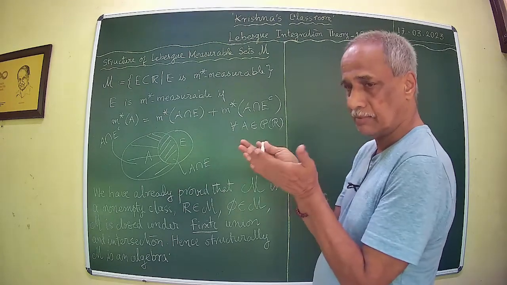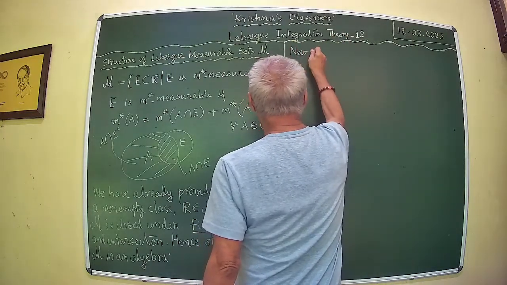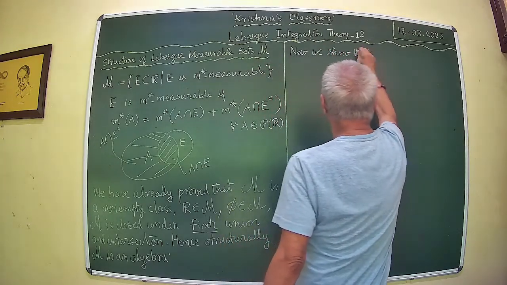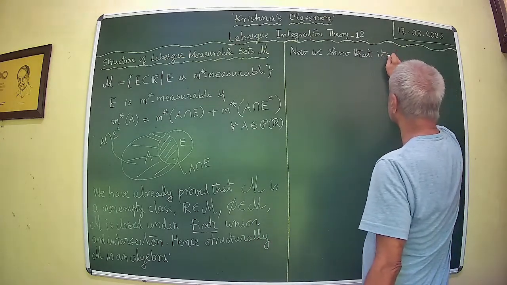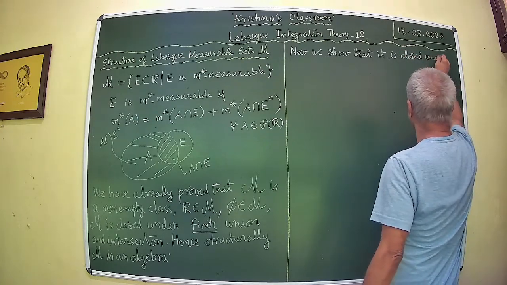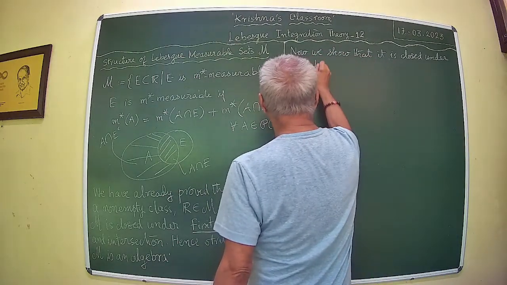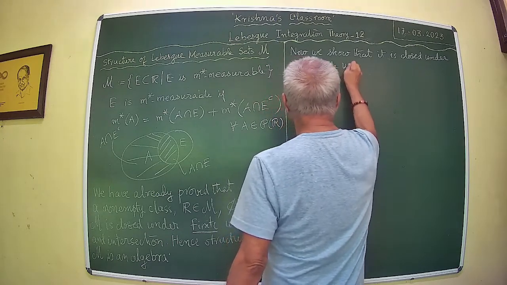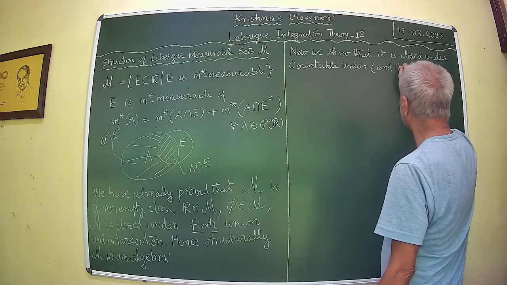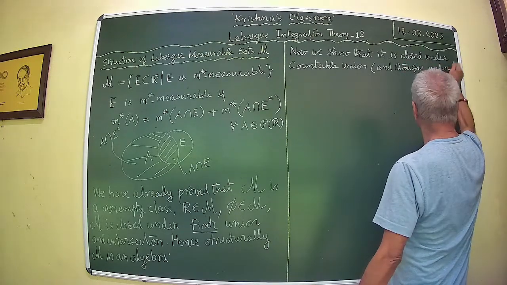Now we go further. What we want to show is that it is closed under countable union and therefore countable intersection.